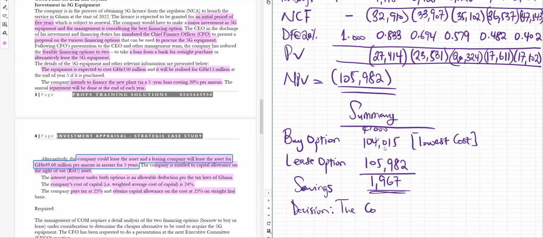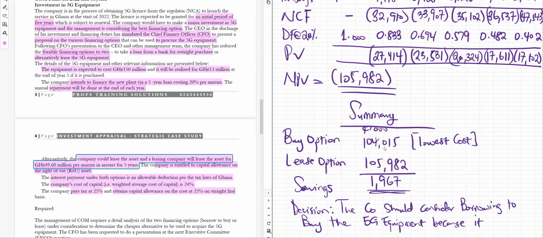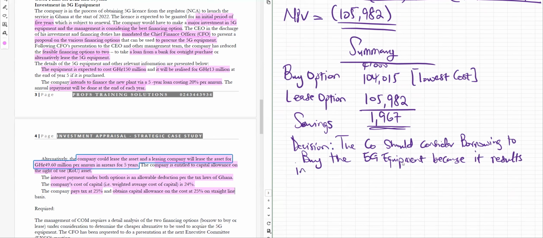The company should consider borrowing to buy the 5G equipment, because it results in a cost saving of 1,967,000.